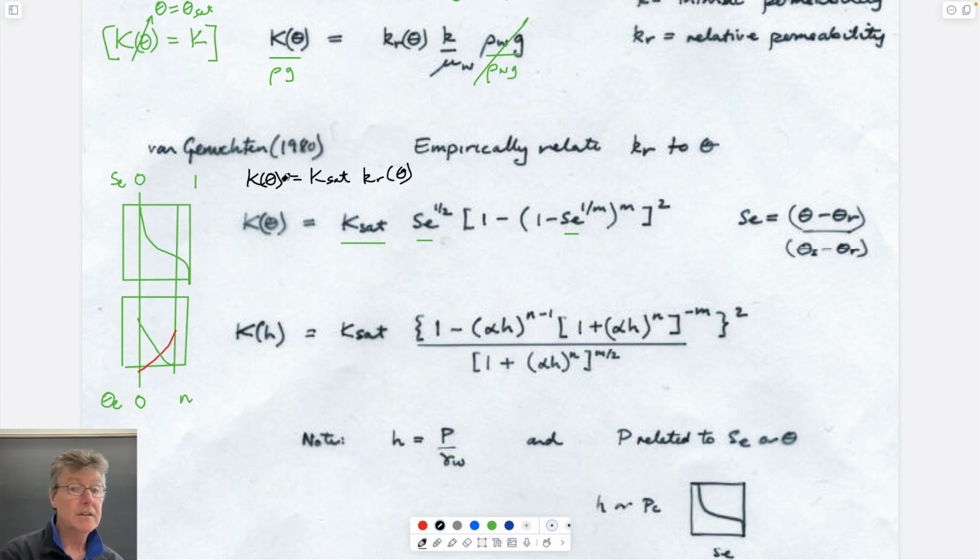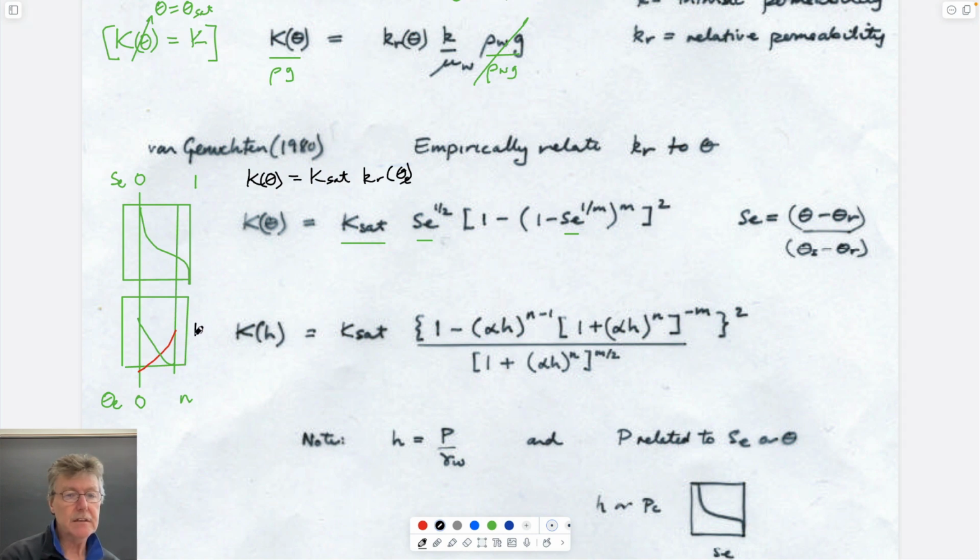That's all it is. So the hydraulic conductivity at some particular volumetric moisture content is just the saturated hydraulic conductivity scaled by the relative permeability, which is between 0 and 1 at that particular volumetric moisture content.